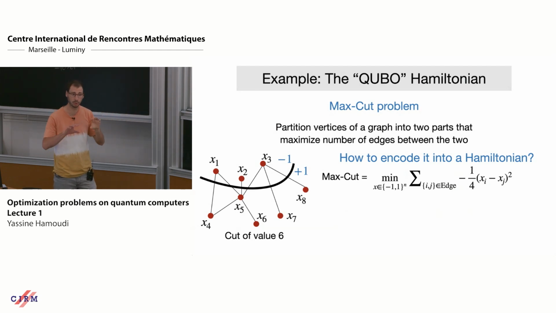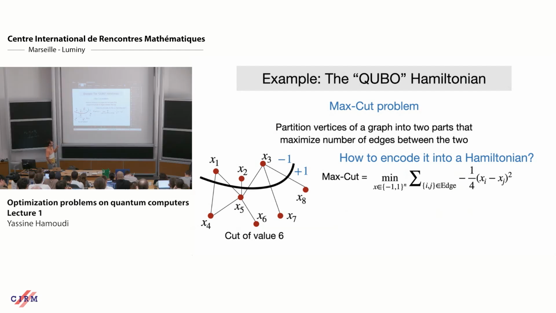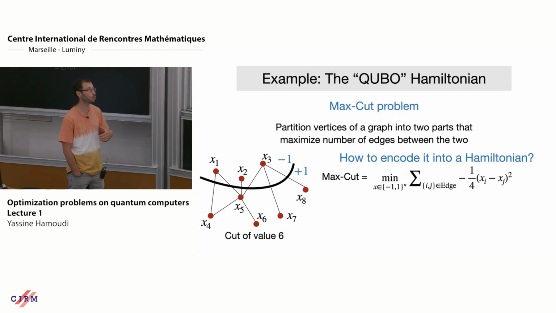And if they belong to different sides of the partition, then the quantity would be equal to -1. So finding the optimum assignment to the variables xi corresponds exactly to finding the size of the maximum cut. So we just rephrased max cut as optimizing a quadratic function with binary variables.